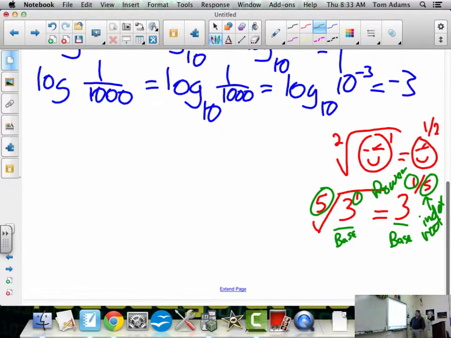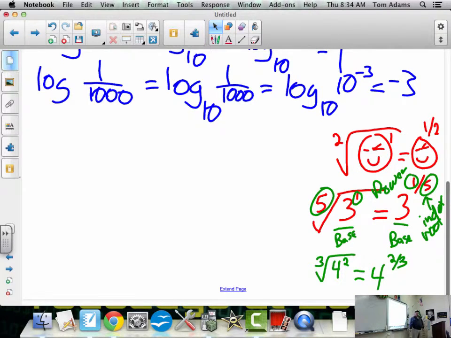Right? And I always like to call it the root because when we pronounce it, we say the 5th root of 3. So just before I do this next one, if I were to say to you the 3rd root of 4 squared, how would you write that? 4 to the 2/3. Okay?